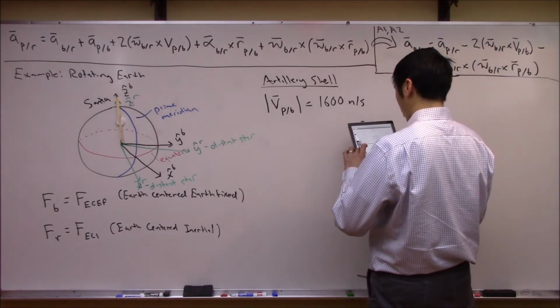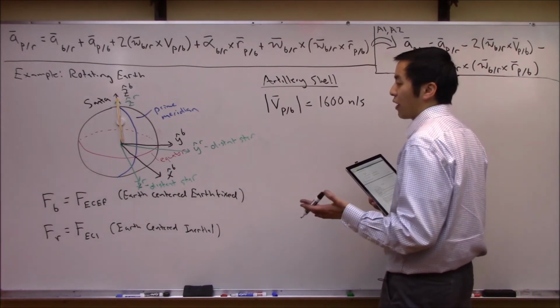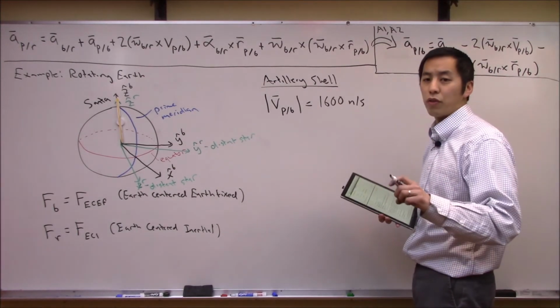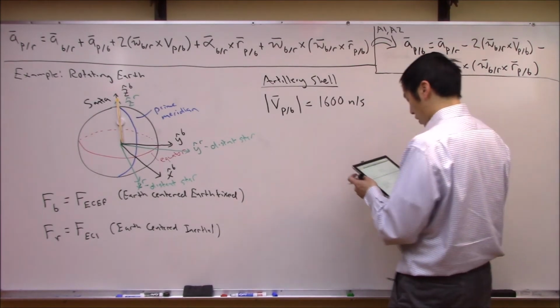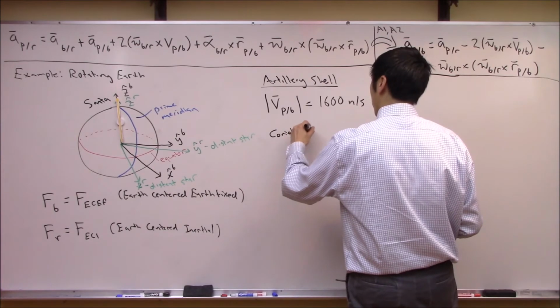What else do we know here? Let's go ahead and calculate the magnitude of the quote-unquote Coriolis force, or Coriolis acceleration, and the magnitude of the centrifugal acceleration. Let's look first at the Coriolis acceleration.